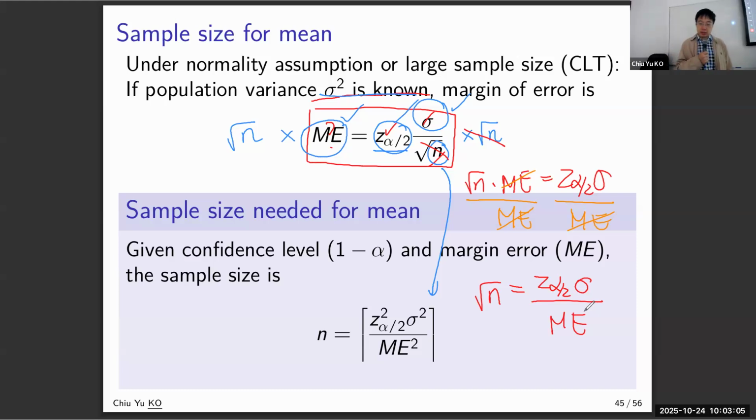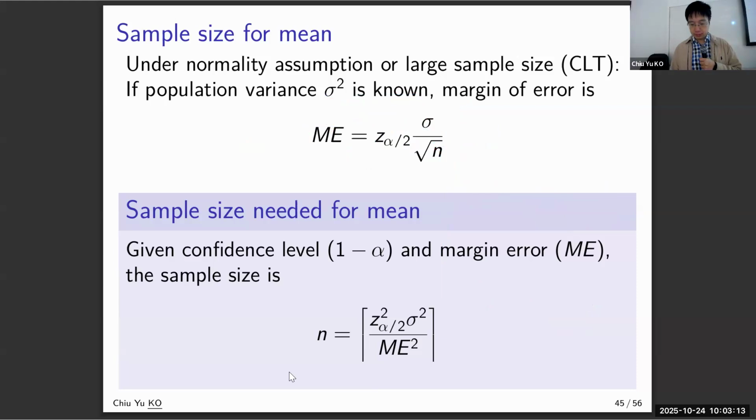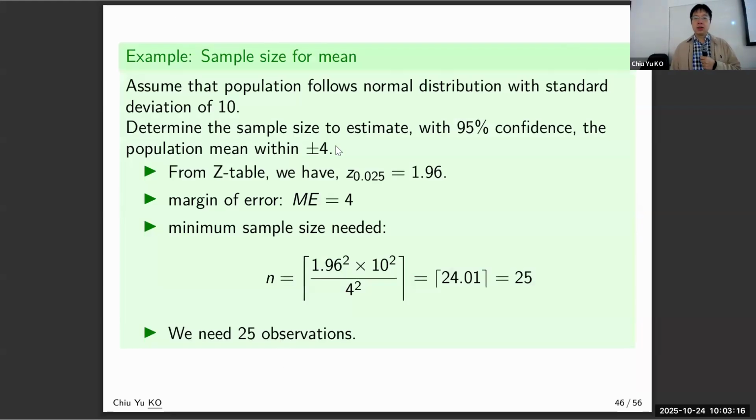So that is the goal, okay? So let me illustrate that in an example. Now, assume that the population follows a normal distribution with standard deviation 10, okay? Sigma is 10 here.